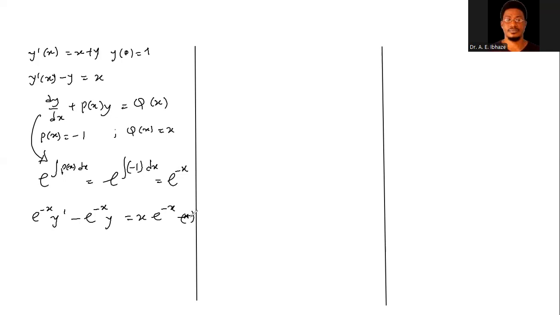And you will note that the key property of the integrating factor is that it transforms the left-hand side of our expression into a derivative of a single term. That is the goal.